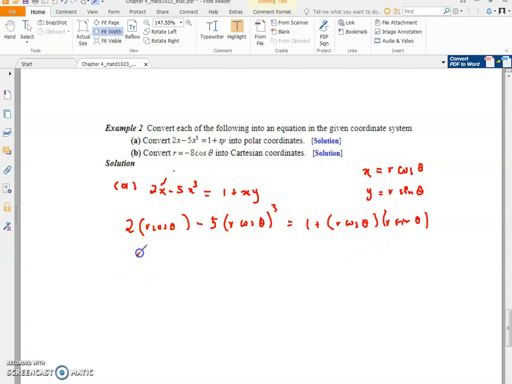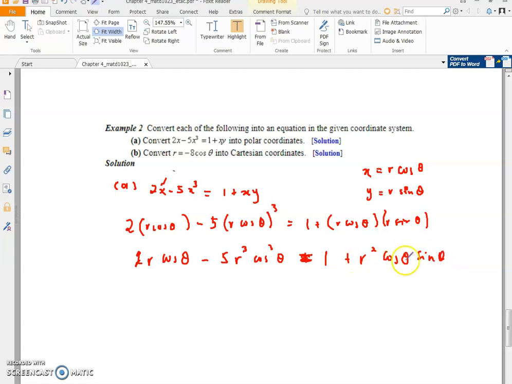So here you are going to get 2r cos theta minus 5 r cubed cos cubed theta, equals 1 plus r multiplied by r, which is r squared cos theta sin theta.